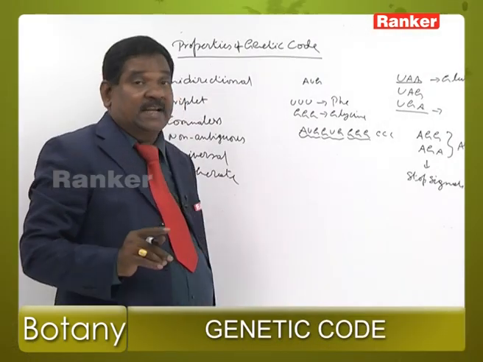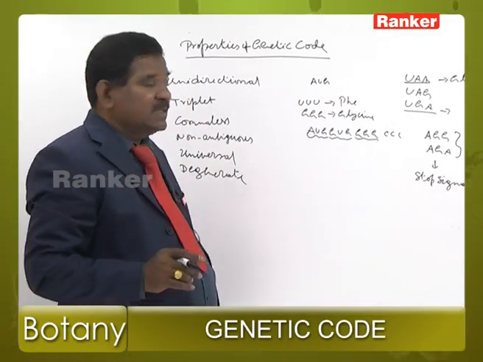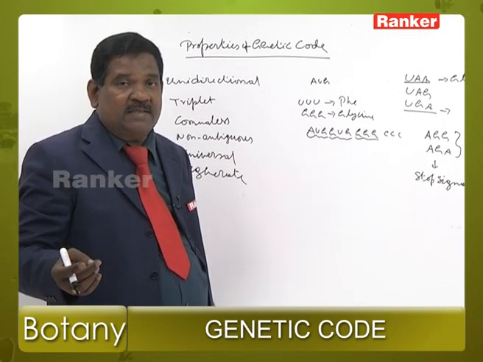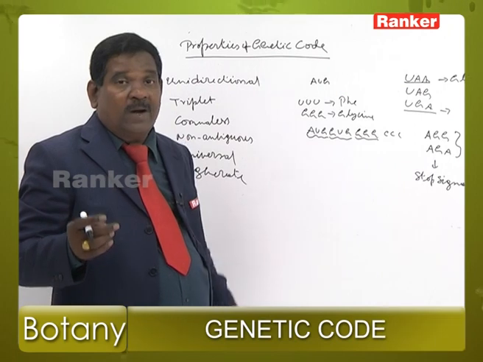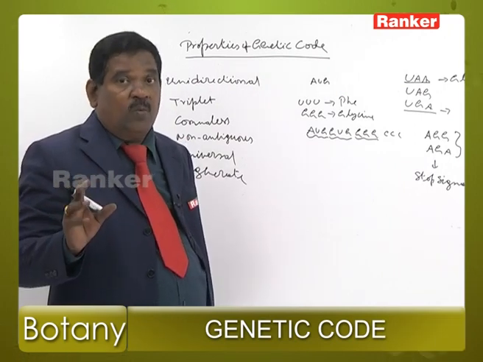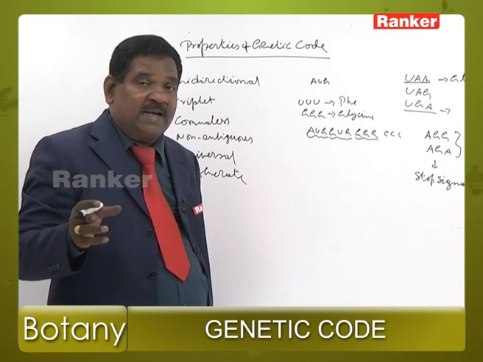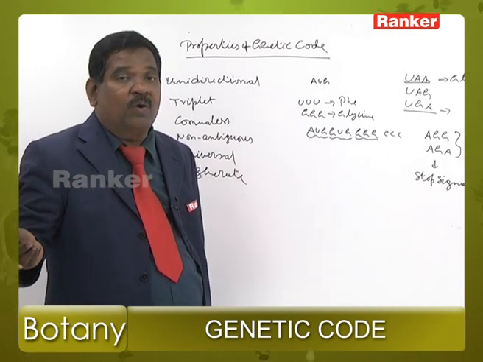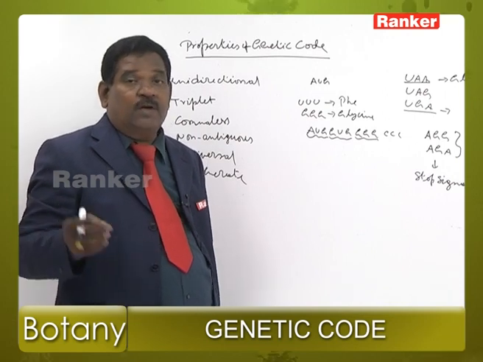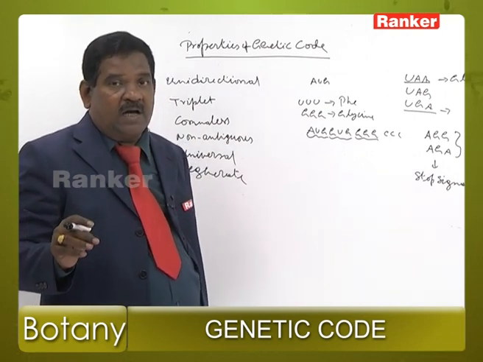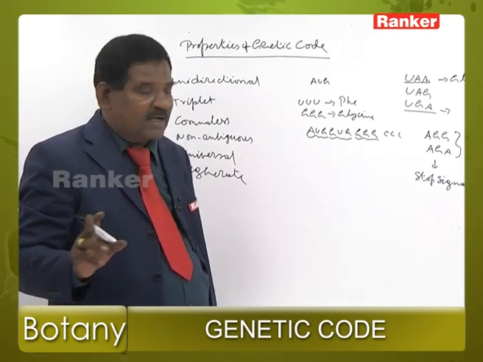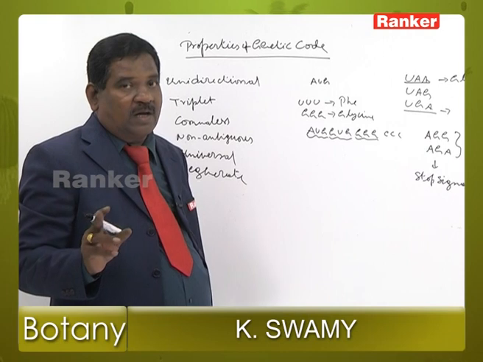Next, the code is degenerate. Here the 61 sense codons recognize 20 types of amino acids. That means one codon recognizes one amino acid only, but one amino acid may be recognized by more than one codon. Two or more codons that recognize one amino acid are called degenerate codons.